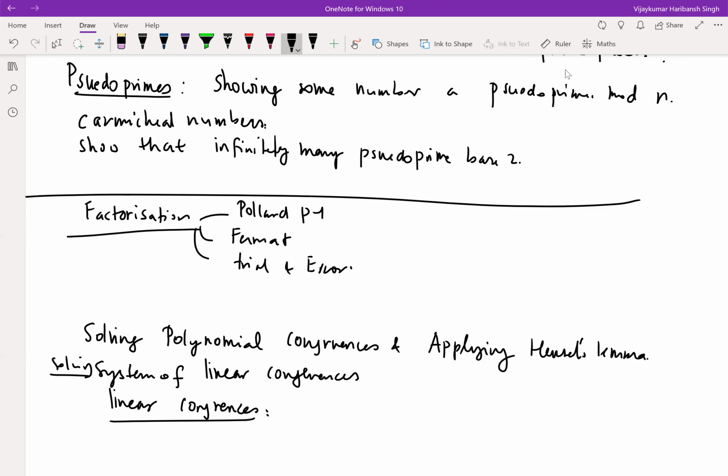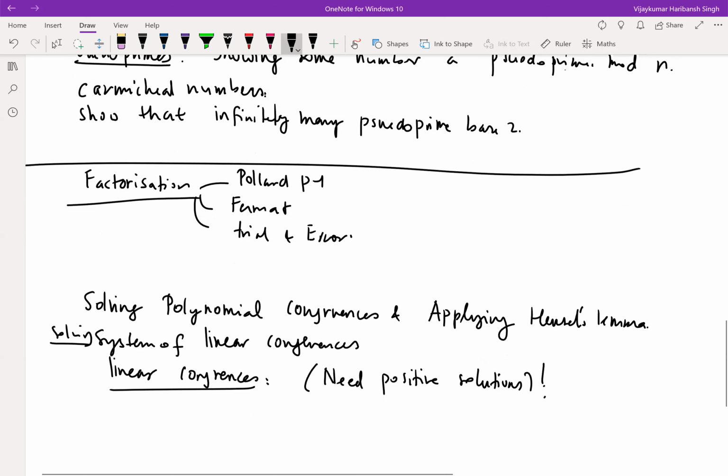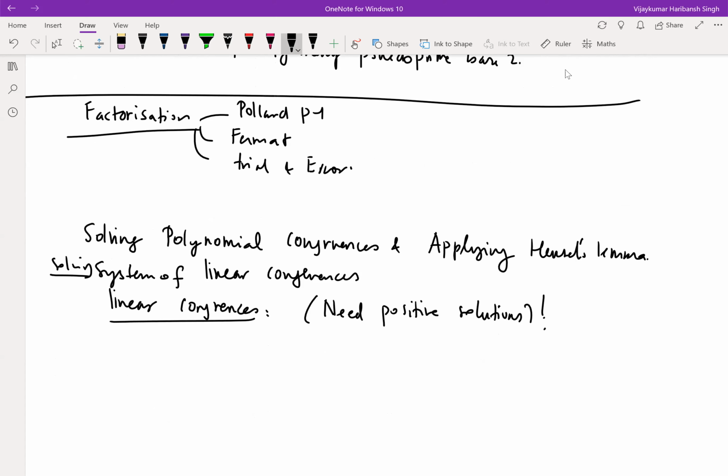So the problems where you need positive solutions. For example, then you have solving linear Diophantine equation, which is the same as linear Diophantine equation.